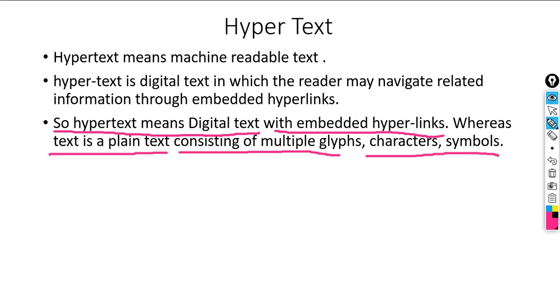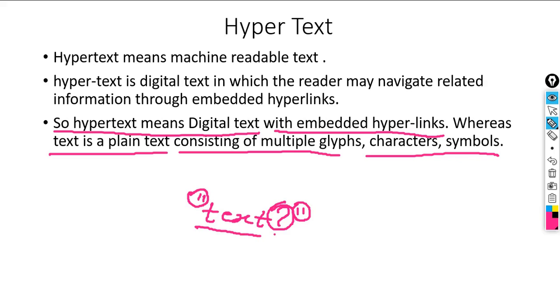Let me help you understand. Suppose I am writing some text here, then I write a question mark, then I put all those things in double quotes. So what is this? This is a particular symbol, this is a particular symbol, this is a particular symbol, and this is normal text.